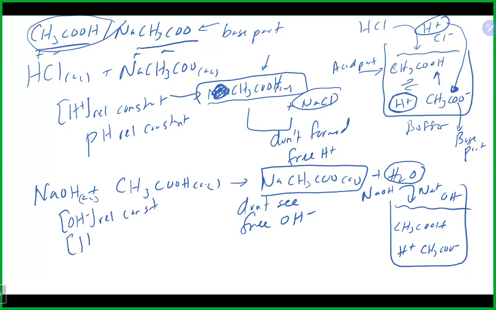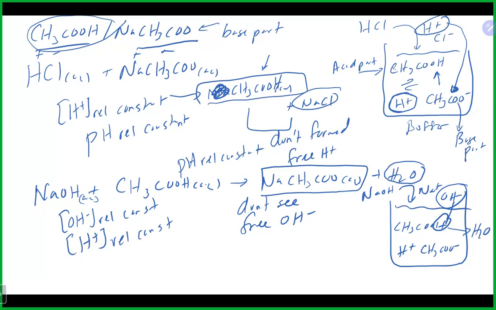Because the H+ is related to that, it also will stay relatively constant, and thus the pH will stay relatively constant as well. If you were following it, you would see the pH go up just slightly, but not a big jump, just a very slight adjustment. What happens in this case is the OH-, when it comes in, grabs the hydrogen and gets tied up in water, and is not freely floating in the solution.